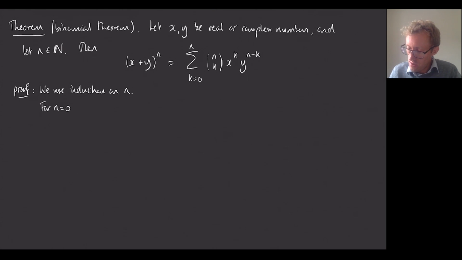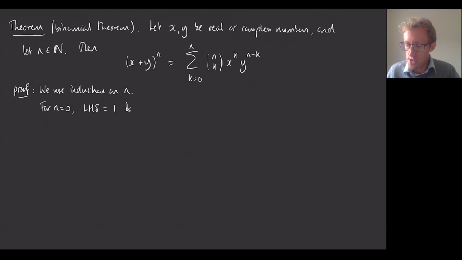So first of all, we're going to prove it works for n equals 0. So for n is 0, the left hand side is x plus y to the power of 0. Anything to the power of 0 is 1, so the left hand side is 1. And the right hand side, with n is 0, the only term in the sum is k is 0, and that term is 0 choose 0, x to the 0, y to the 0.